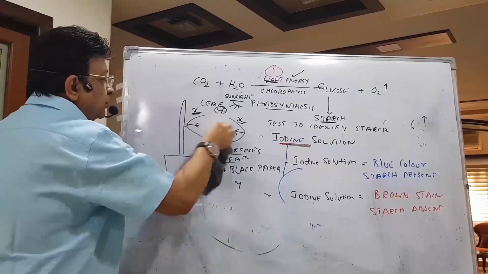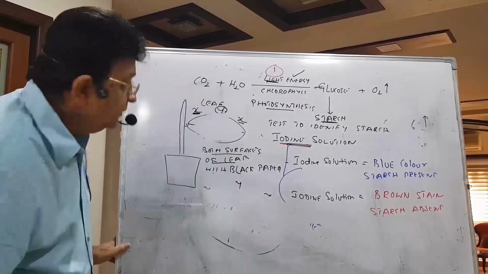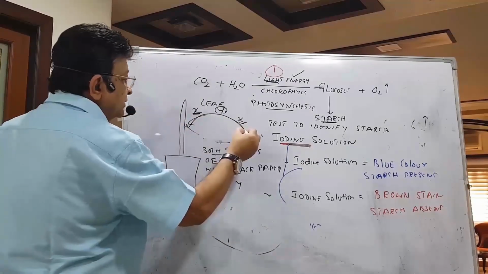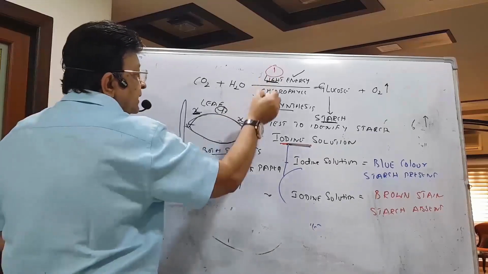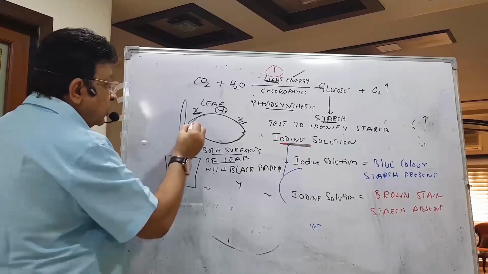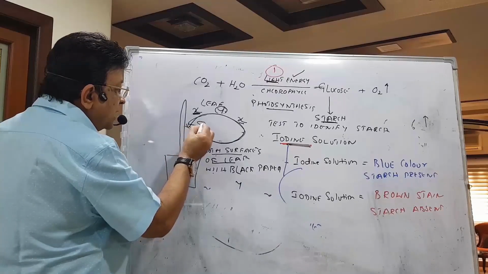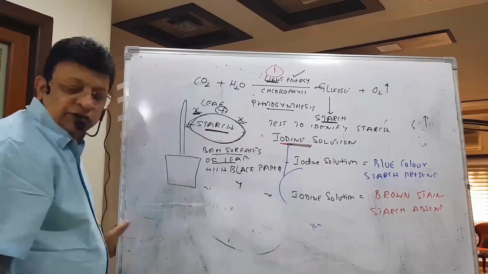So pay attention. I'm taking you back to the leaf. This was the leaf which I had wanted, pay attention, to use to demonstrate light is required for photosynthesis. But I did not realize that already, pay attention, starch is present in the whole leaf.